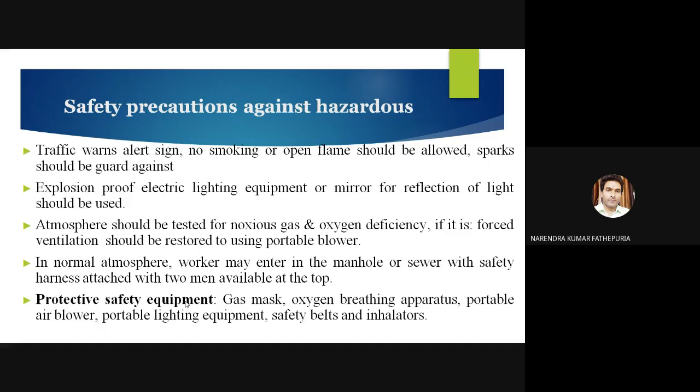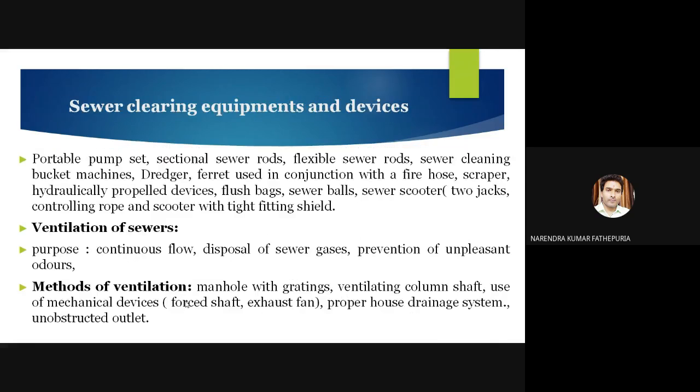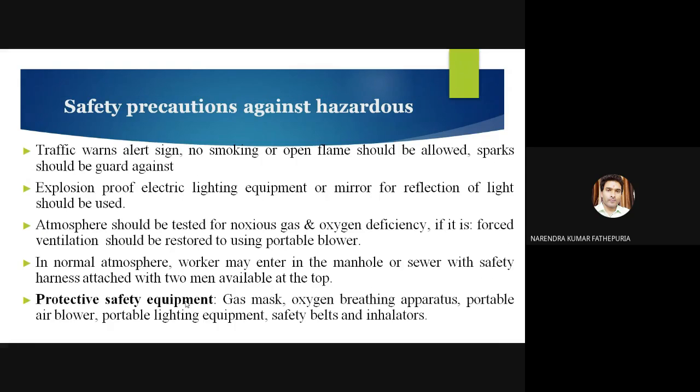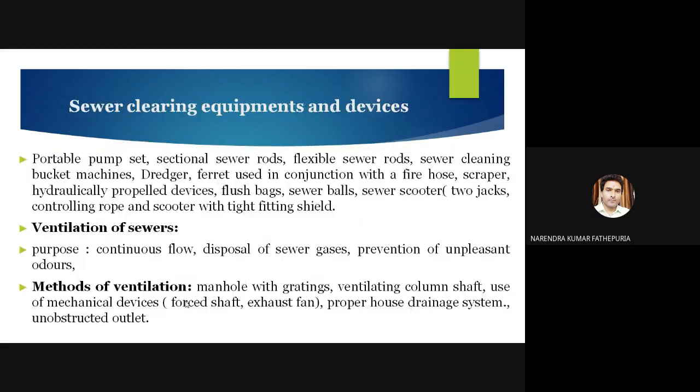Protective safety equipment: gas mask, oxygen breathing apparatus, portable air blowers. Portable light equipment, safety belt and inhalers are also required. Sewer clearing equipment and devices that you have to carry: portable pumping sets, sectional sewer rods, flexible sewer rods, sewer cleaning bucket machines and so on.